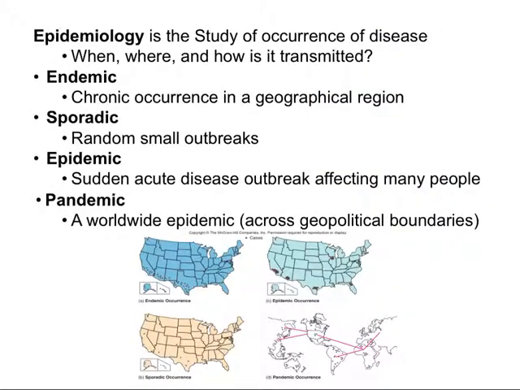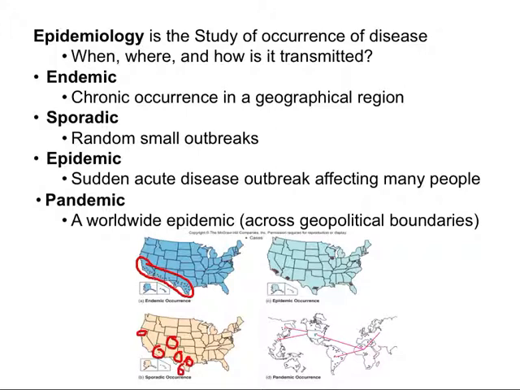So when we consider infections and their spread across the country or the world, we have some terminology associated with that. So an endemic occurrence is where we see a chronic occurrence in a particular geographic region, here in the Southwest. A sporadic occurrence is where we see random small outbreaks here and there and everywhere.